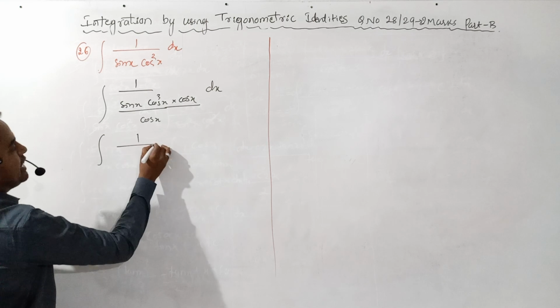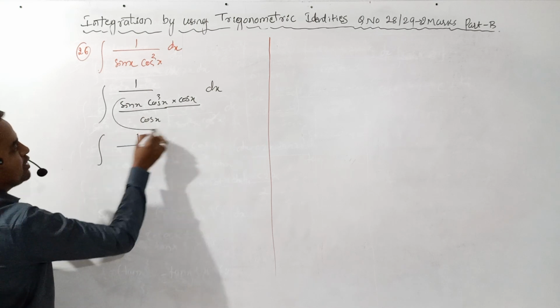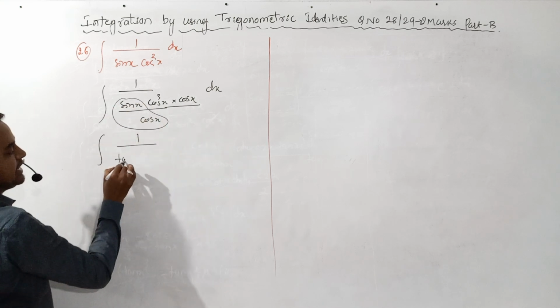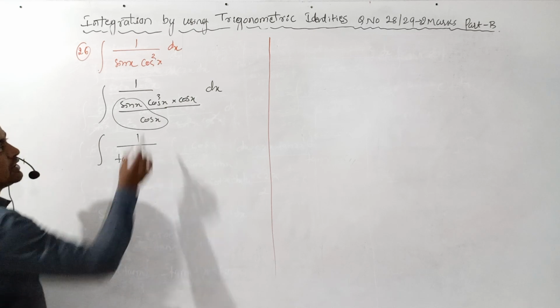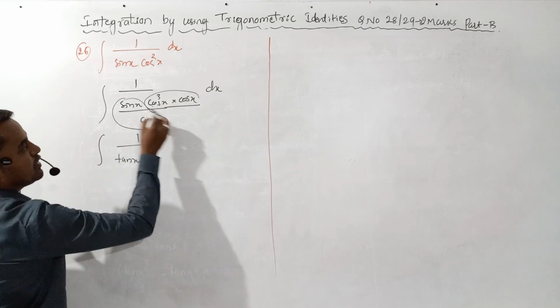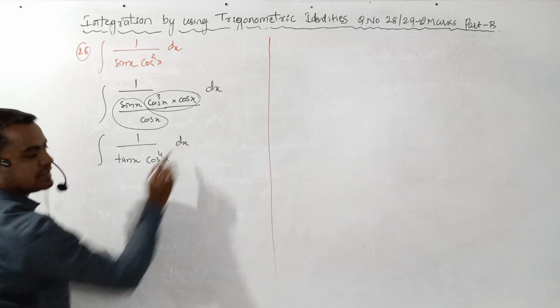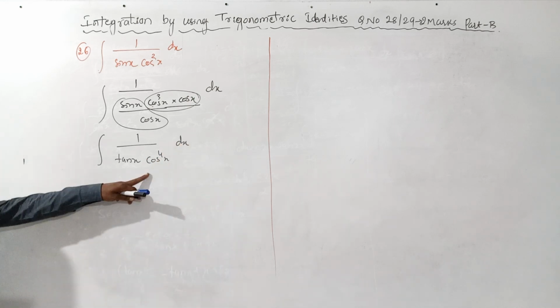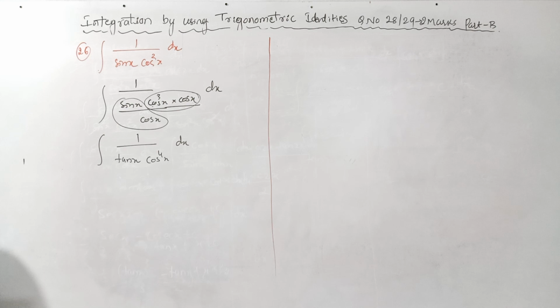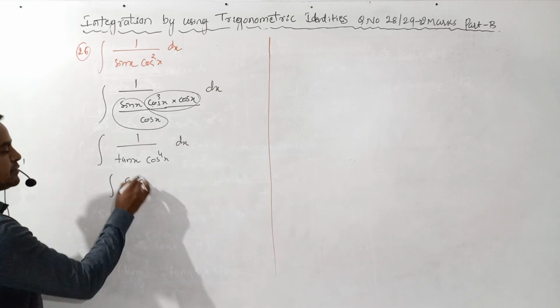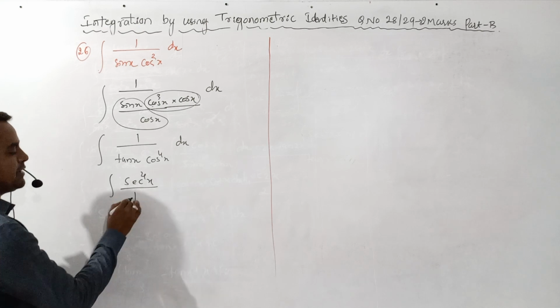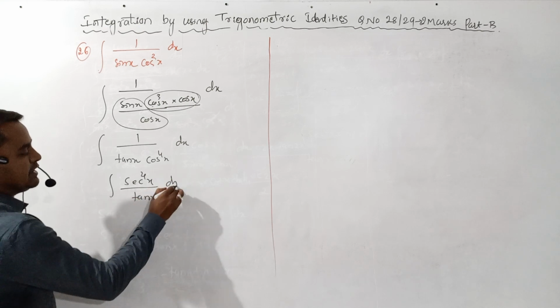Sin by cos is tan x, and cos cube into cos is cos raised to 4 x dx. Take the cos into the numerator, it becomes sec raised to 4: 1 by cos raised to 4 is sec raised to 4 x, divided by tan x dx.